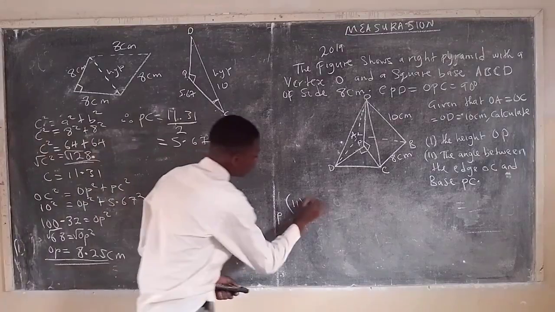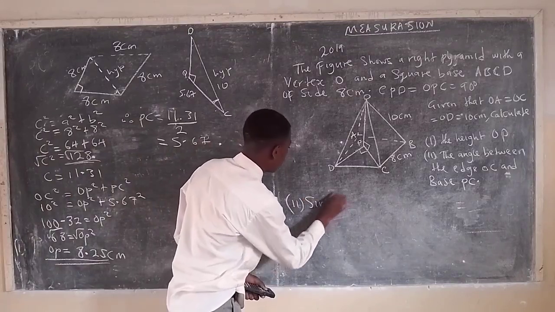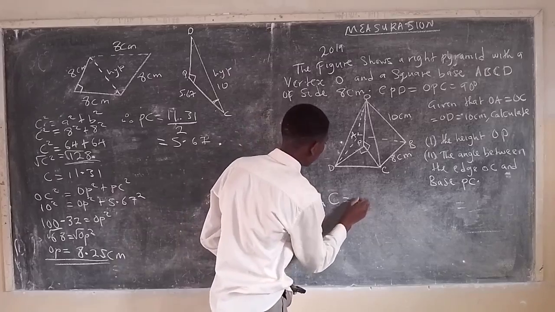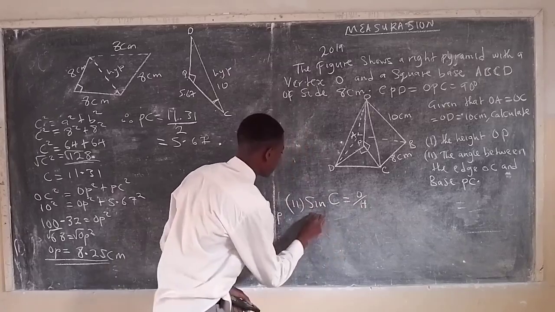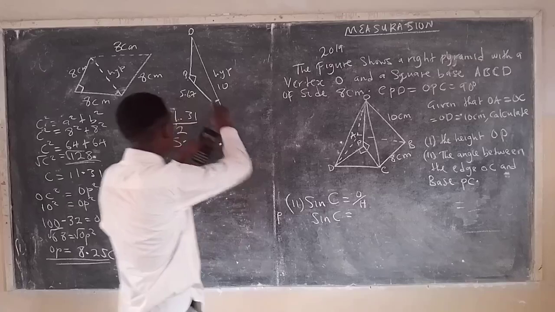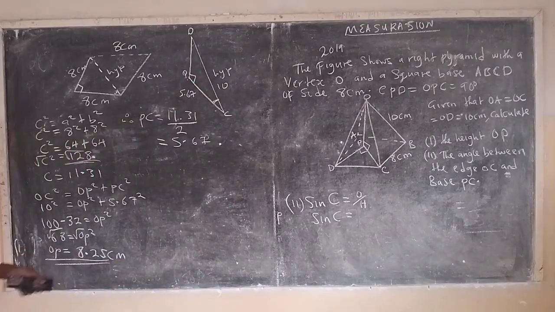So the sine of the angle at C is equal to the opposite over the hypotenuse. In this case the opposite is our OP, which is 8.25.